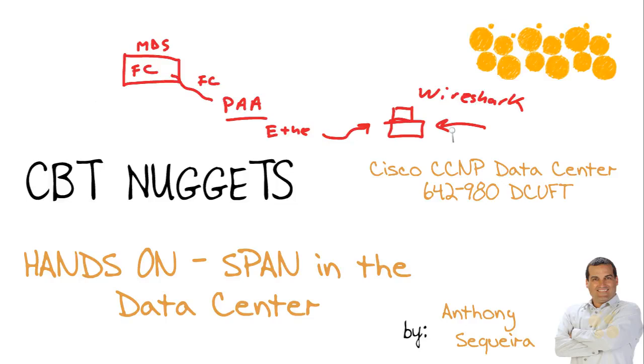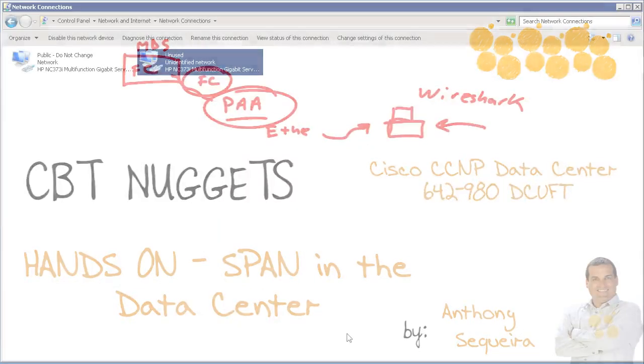Again, the Cisco port analyzer is really a nice feature here, since Wireshark in the Ethernet world would not be able to understand the fiber channel traffic that the MDS device is sending us. Well, let's go into our lab environment and get this configured.